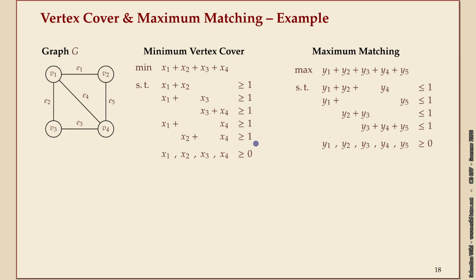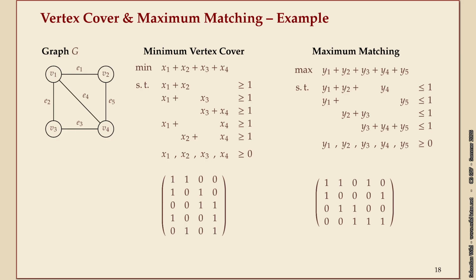But in LP language, just the sum of the endpoints has to be at least 1. And for maximum matching, you have a variable for each edge, and then you have a constraint for each vertex. For example, vertex B has E1, E2, E4, and so the matching constraint says their sum cannot be more than 1. And again, you can see from the structure they're exactly dual.